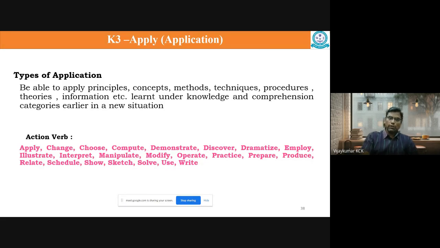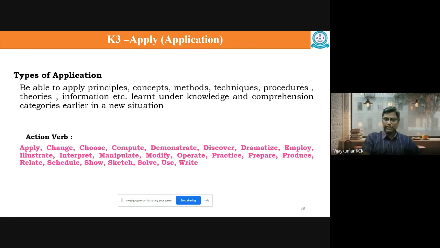The next is apply, that is K3 or L3. The name itself is easy to understand: whatever the principle, concept, method, techniques, procedures, theories, any information, whether it can be applied to real-time cases, actual cases, or theoretical cases.